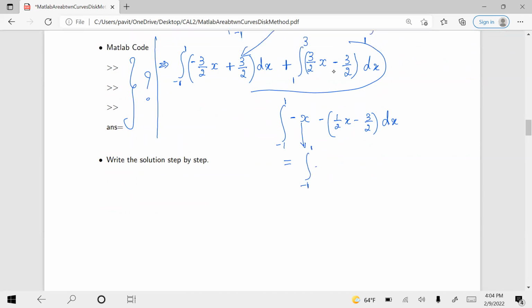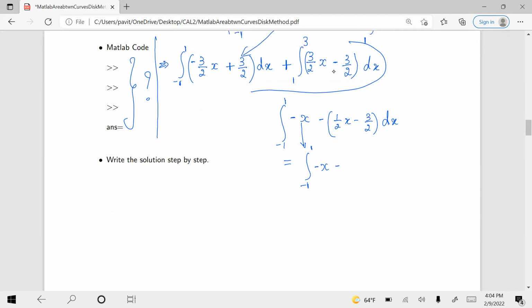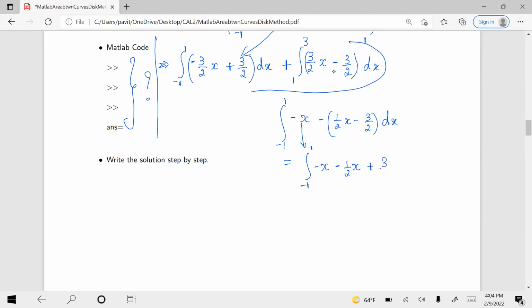Negative 1 to 1, negative x, multiply negative inside. So that becomes negative half x, negative into negative is positive 3/2. Remember, do not multiply x. This is a subtraction, not a product. Got it? Okay, into dx.